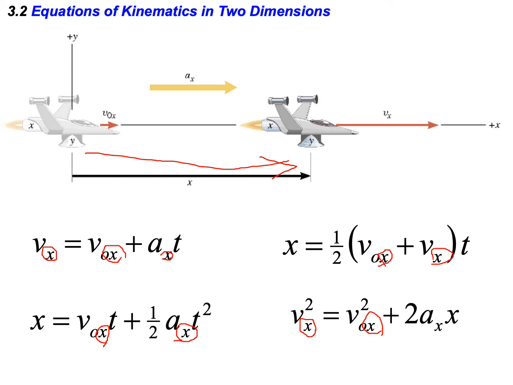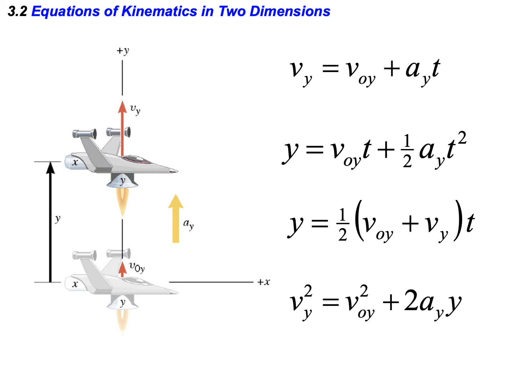And we can write 4 different equations for vertical motion. If an object goes up or down, we can write an equation with the letter y, which represents that equation we specifically write for y direction.